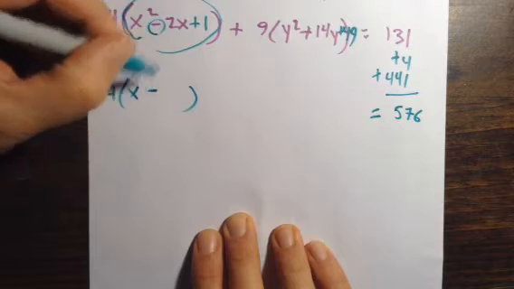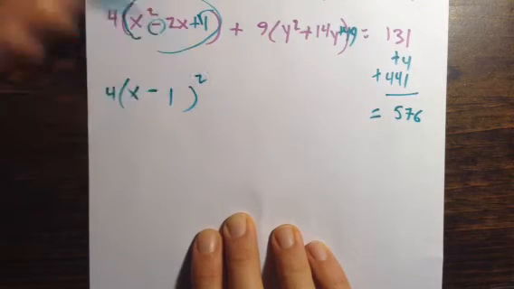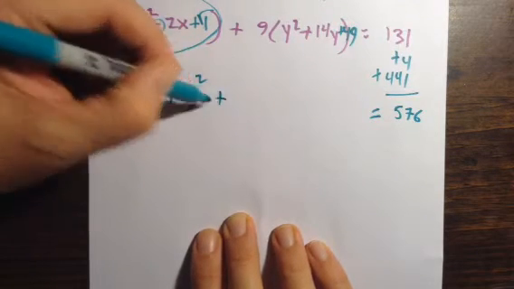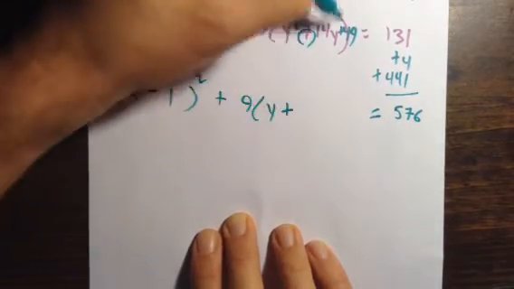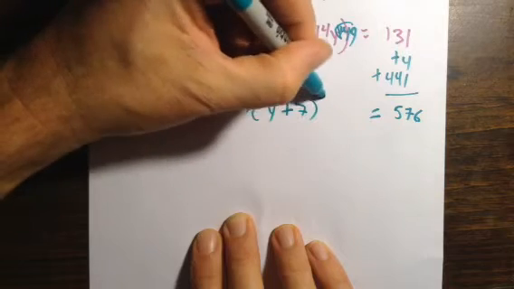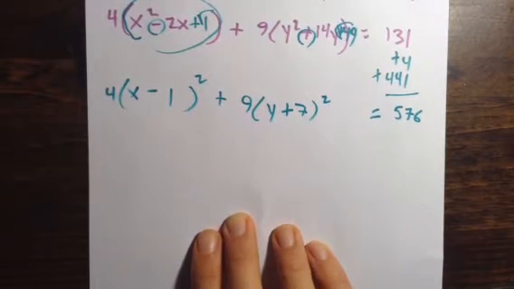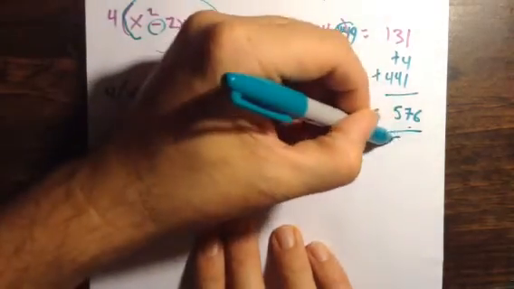x, take that sign, square root of your c value. Plus 9 times y, take that sign, square root of your c value. And now the intent is to get it equal to 1. So I'm going to divide both sides by 576.